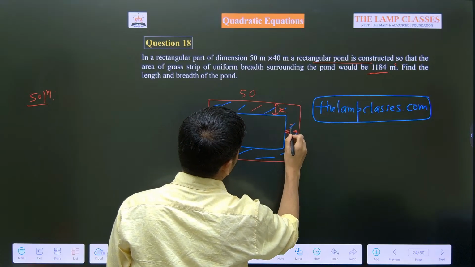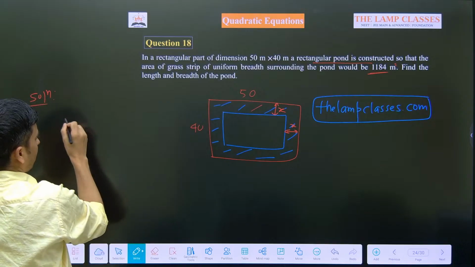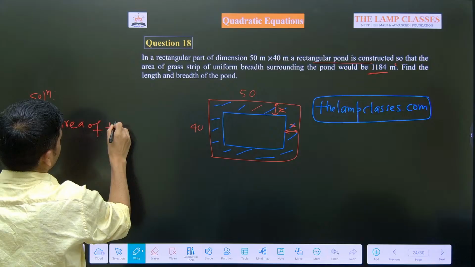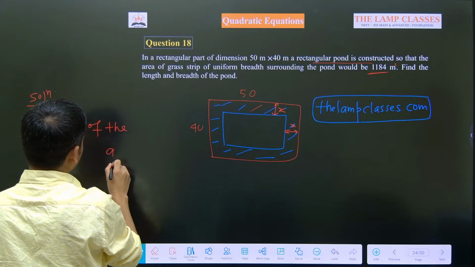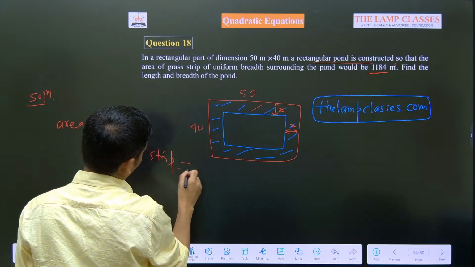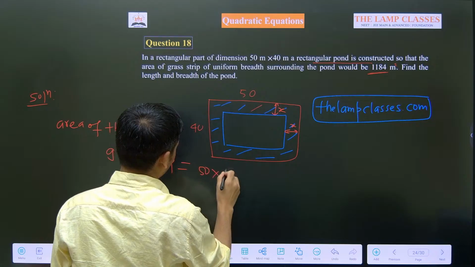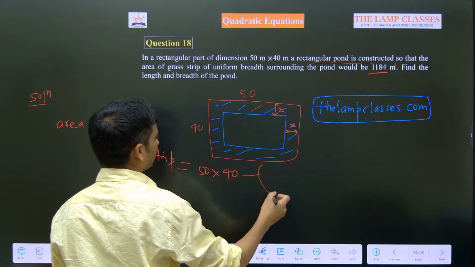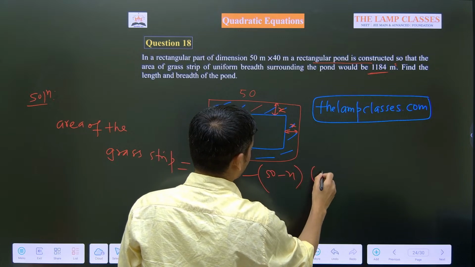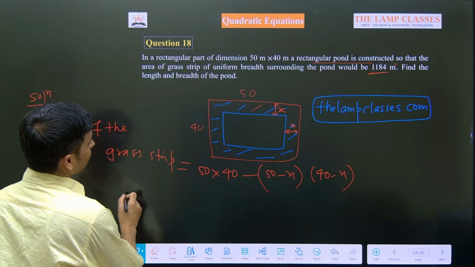This will also be x, it's given. So the area of the grass strip will be area of the bigger, so 50 into 40 minus 50 minus x times 40 minus x, right? Do you guys understand? And that's already given 1184.